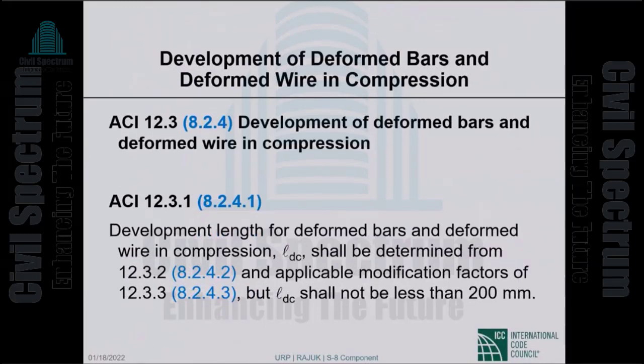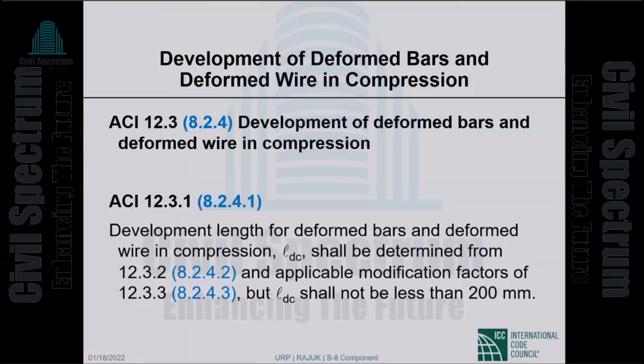Okay, now we come to development of deformed bars and deformed wire in compression. We go from tension to compression. Okay. So development length of deformed bars and deformed wire in compression, this is now L sub D C. L sub D is development length in tension. This is all required development length.